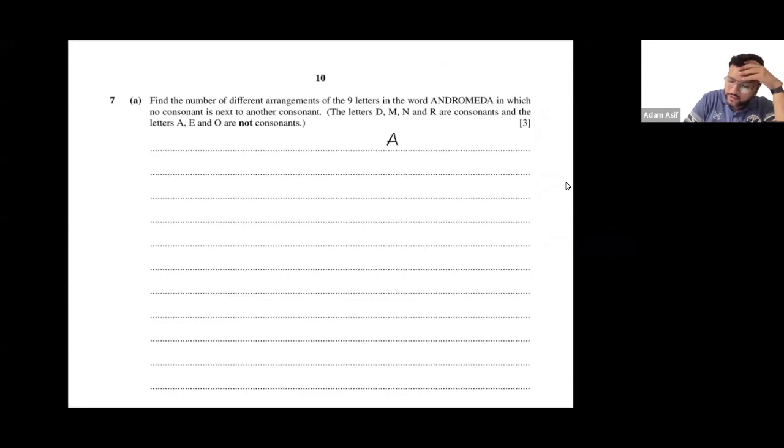So A, O, E, A, vowels. N, D, R, M, D, consonants. So there are two Ds and there are two A's.